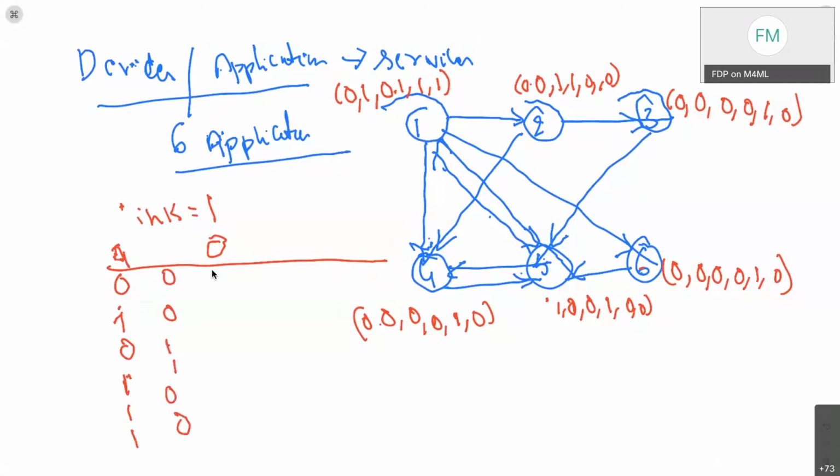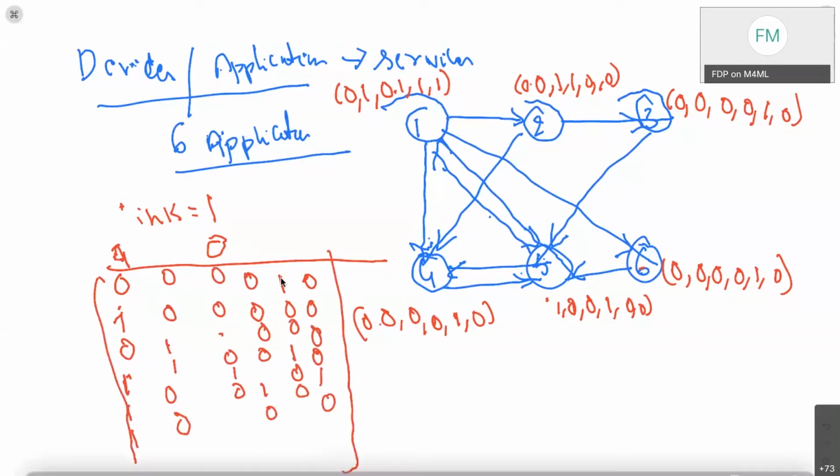Then 0, 0, 0, 0, 1, 0, 0, 0, 0, 0, 1, 0. Then we have 1, 0, 0, 1, 0, 0. Then we have 0, 0, 0, 0, 1, 0. It's a matrix, right?